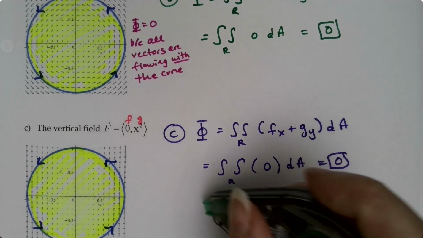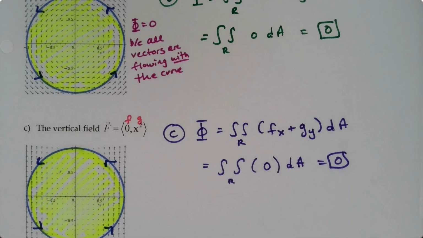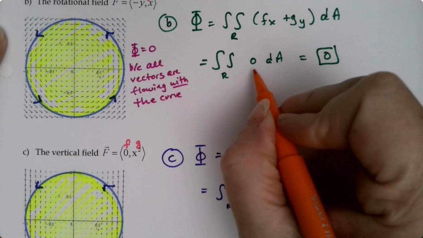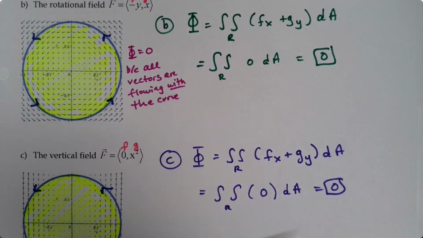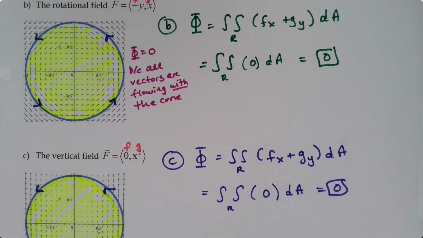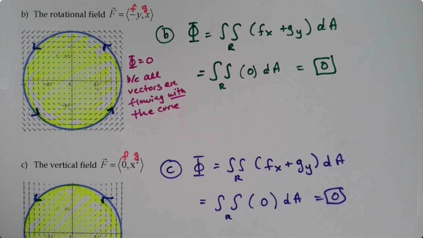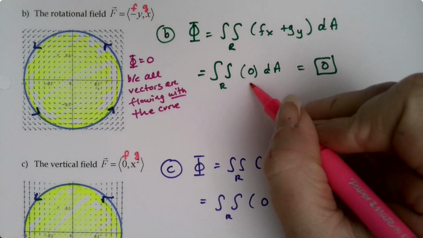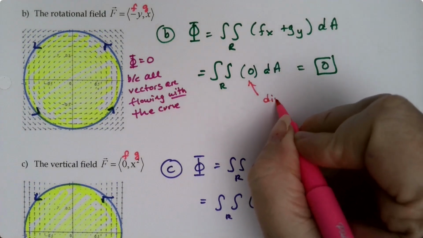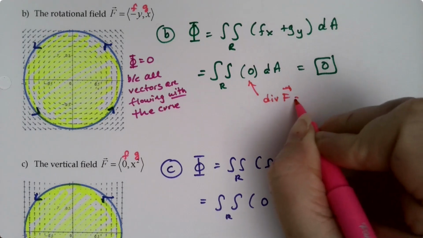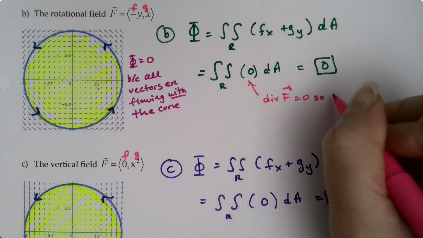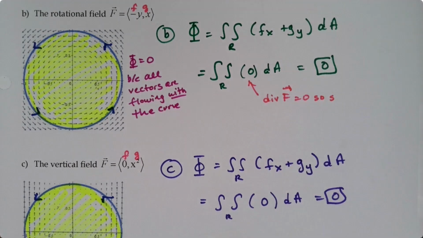Which, by the way, if you'll notice for both of these, this part right here being 0 means that the divergence of f is 0. So this is a source-free vector field.